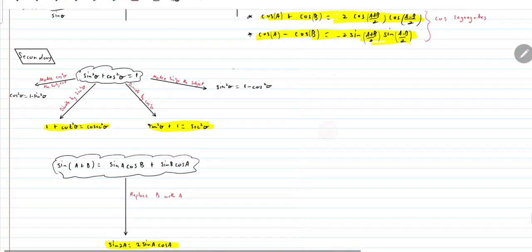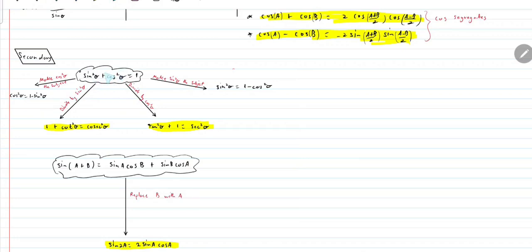Now, for your secondary identities, once you know the primary ones, you can end up with the secondary ones by performing a couple of operations. So if you know this primary Pythagorean identity, you can make cos squared theta the subject and end up with this identity. Cos squared theta is equal to 1 minus sine squared theta.